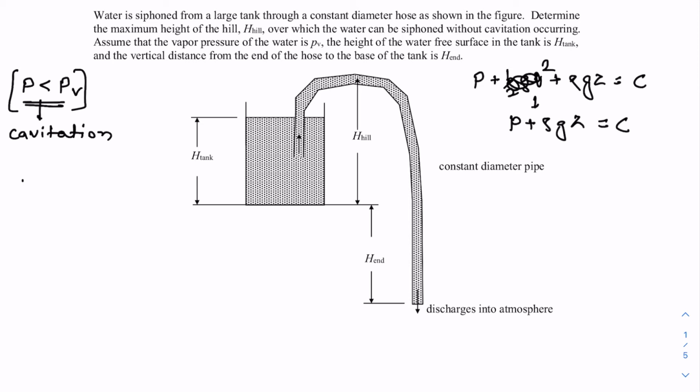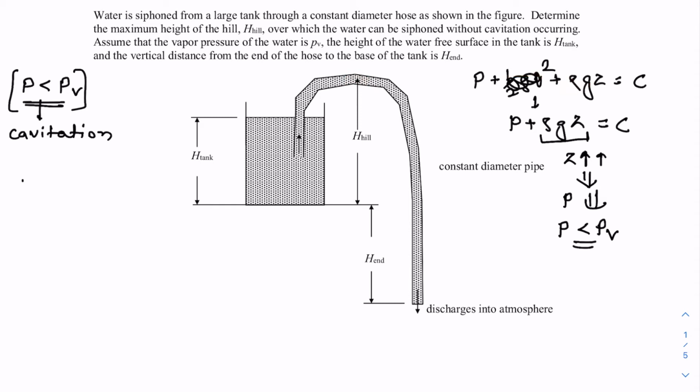And now you can see if we increase z here, because this sum is a constant, that means your pressure would decrease. And if we increase the z to a very high value, then your pressure might fall below the vapor pressure, thus causing cavitation in the siphon. And here it can happen only at this topmost point where the elevation is the highest.